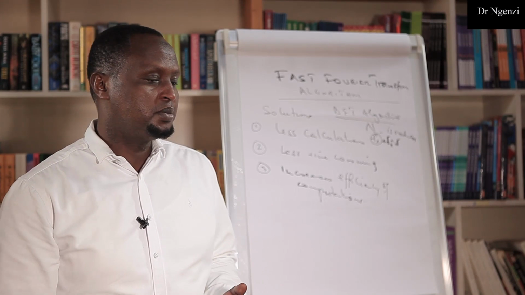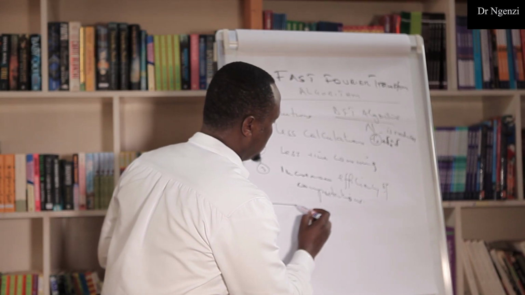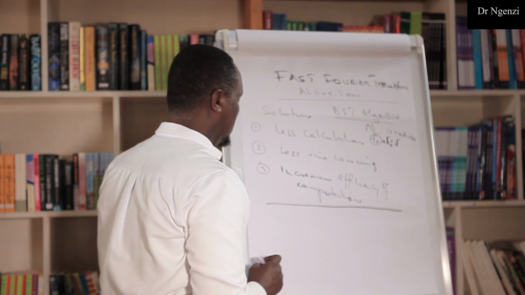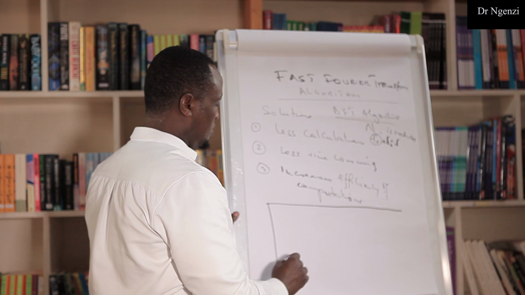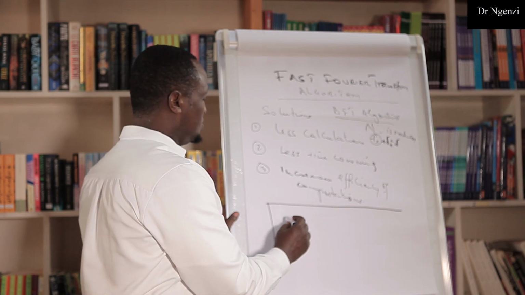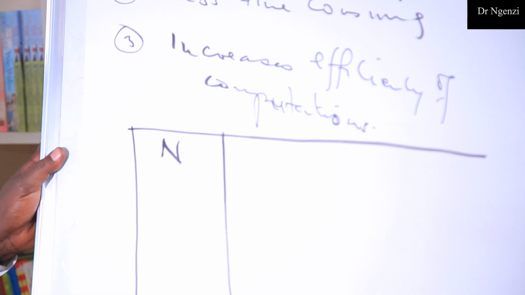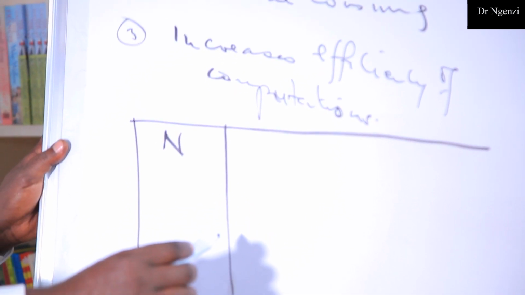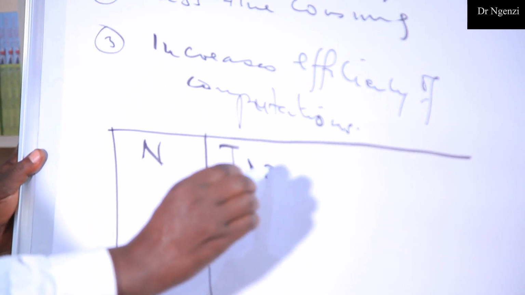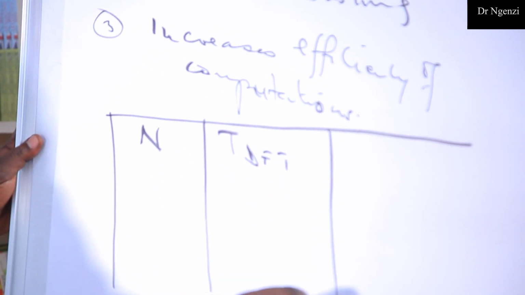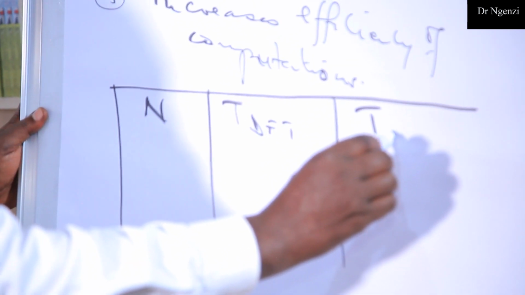Remember the N times. For example, if we have a small table here, you can have N columns. You can also have the time in DFT and the time in FFT.